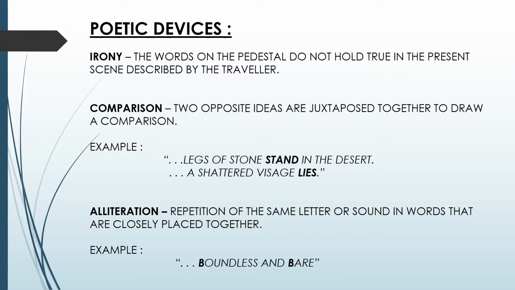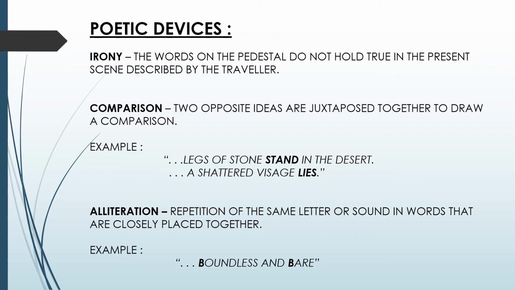There's also comparison. The method of comparison has been used by the poet to pitch two opposite ideas. Juxtapose means putting together opposite ideas in a stanza or a sentence. For example, see here, legs of stone stand in the desert, and then he goes on to say a shattered visage lies. So standing and lying, both are two opposite ideas, and that pitches in our mind a certain kind of comparison.